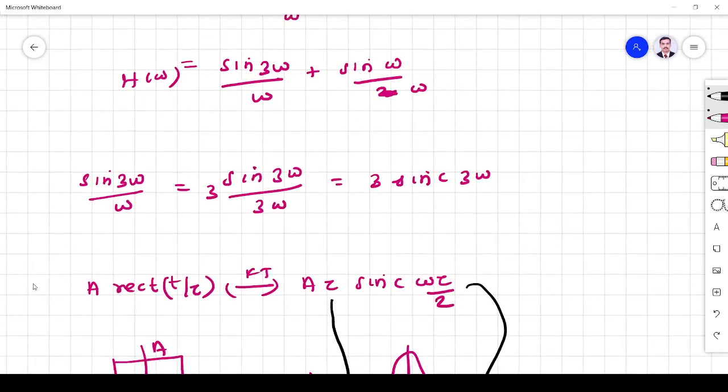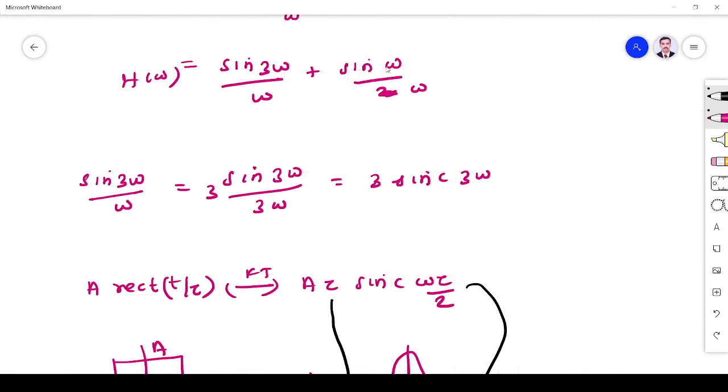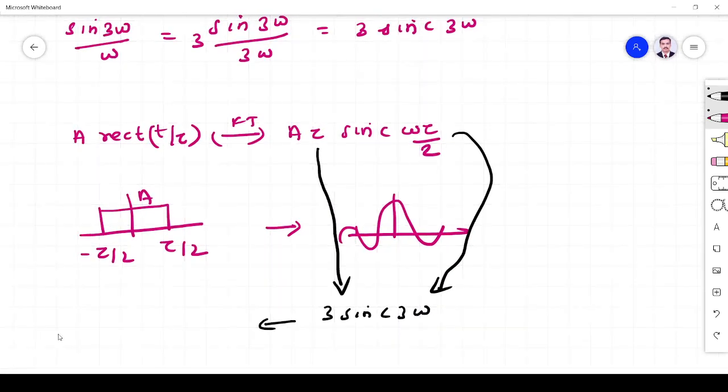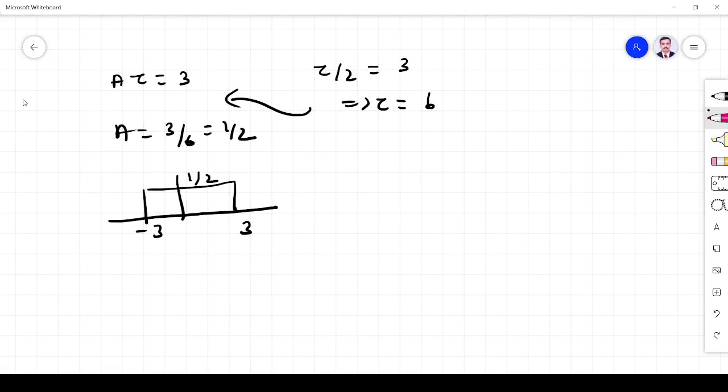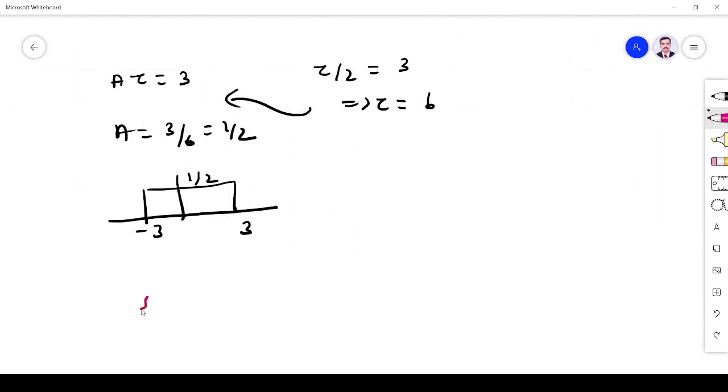Like that, now this is sin omega by omega. It is in the same format, so directly I can write it as sinc omega, since the numerator and denominator are the same. So what is tau by 2 compared to the general format?